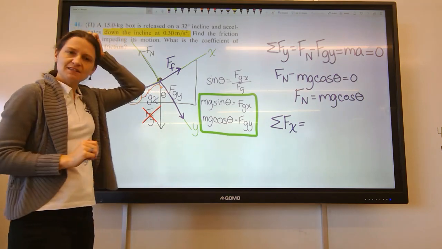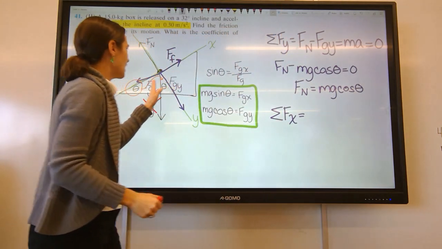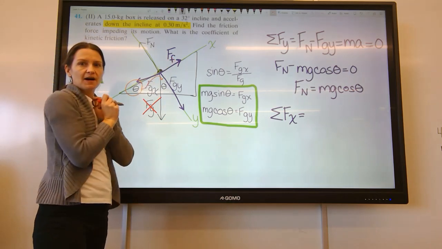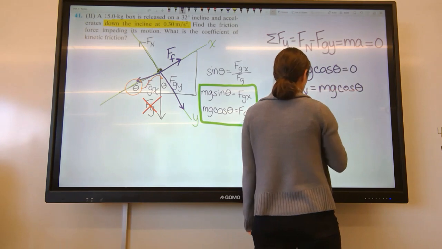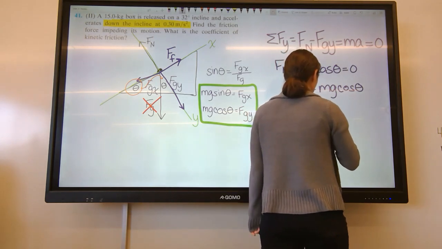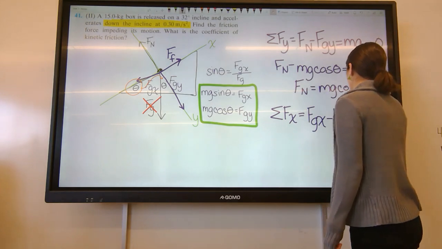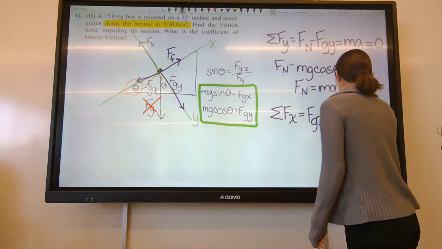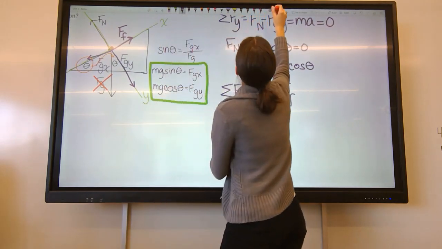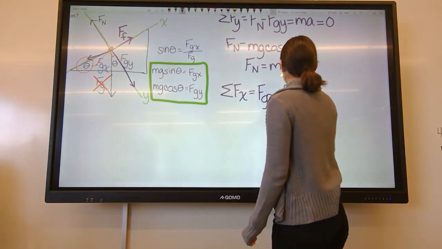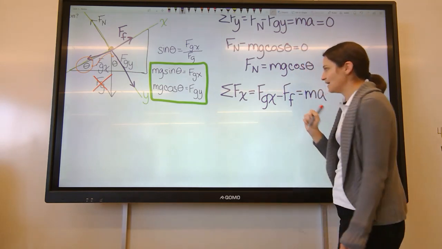But instead, I'm going to make things a little easier on myself, reduce the number of negative signs I have to deal with, and I'm just going to say, to the left is positive. So that means that the sum of the forces in the x direction is Fgx minus, because it's in the opposite direction, the force of friction, and that's equal to ma in the x direction.